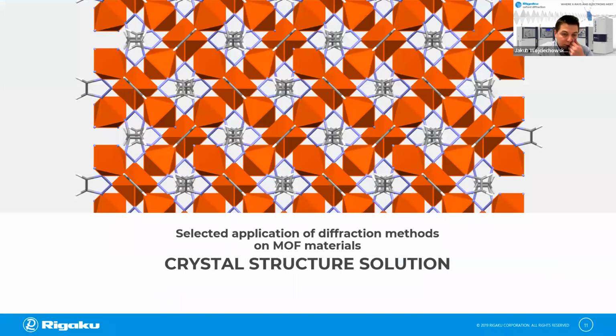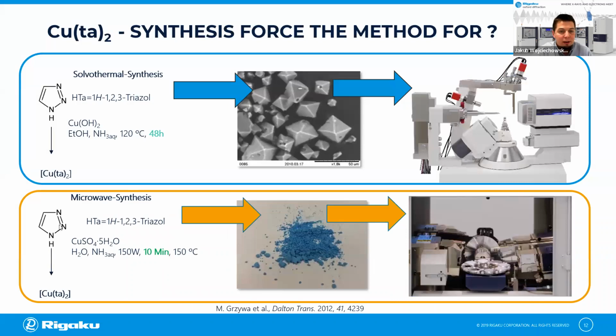If we think about diffraction methods for MOF materials, the primary application is crystal structure solution. That's obvious. For a very long time, we all know that synthesis and crystallization will decide what you can do.